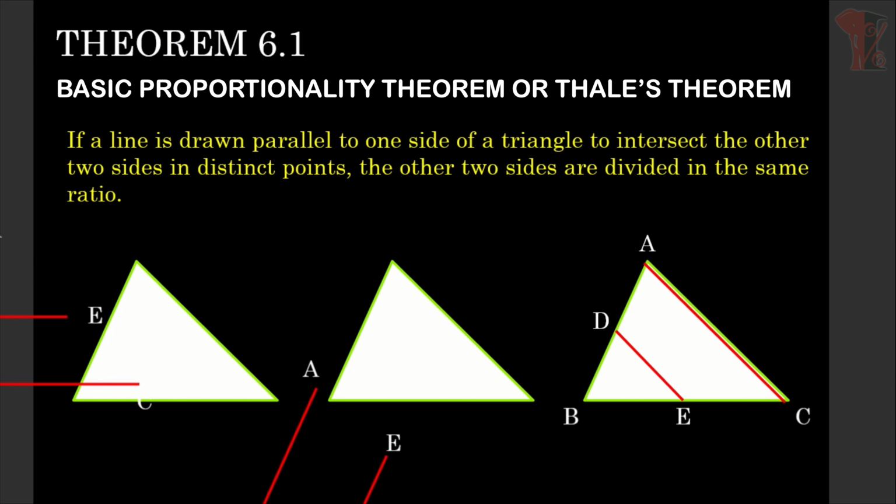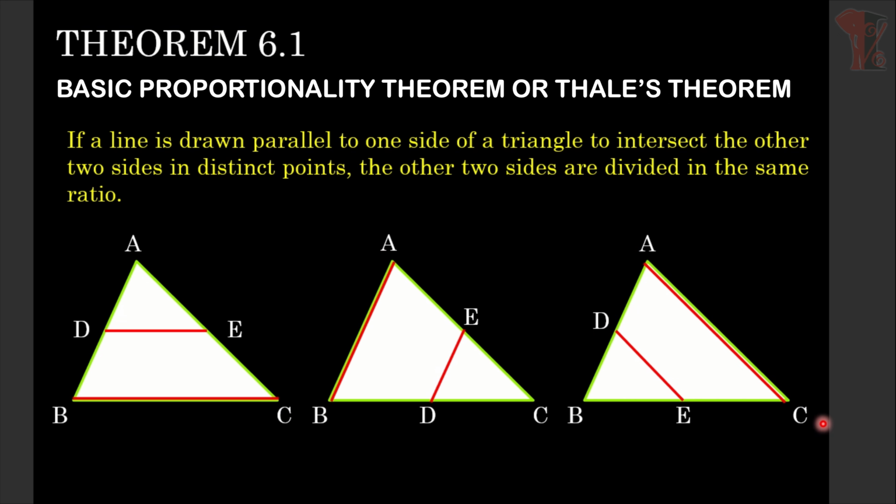So in total, we have drawn the parallel lines in three different ways, correct? Based on these three different lines, we get the ratios. Which are the ratios? AD by DB equal to AE by EC, the first one. Then CE by EA is equal to CD by DB, second one. Then BD by DA is equal to BE by EC.